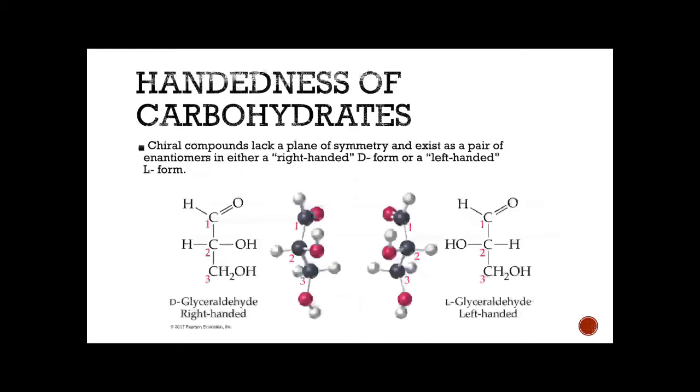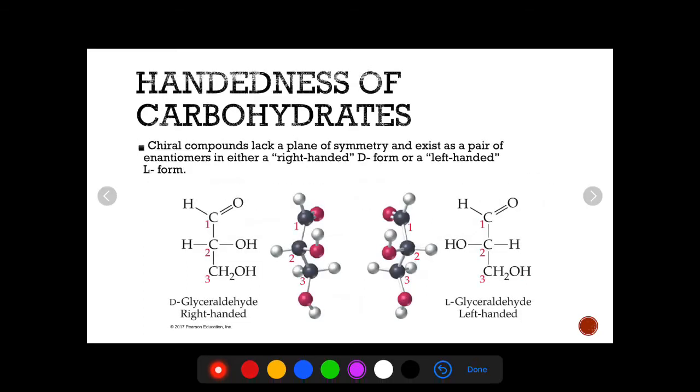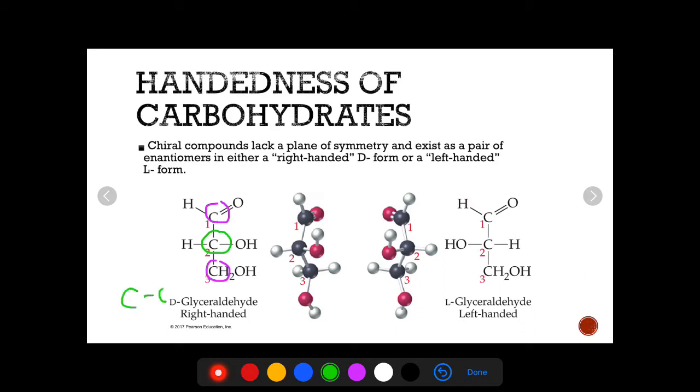So this one would not be considered chiral, neither would this one, but this carbon right here is. This carbon has the OH, the hydrogen, the CHO, and the CH2OH attached to it. So 4 different groups are attached to that middle carbon, so that one would be chiral.